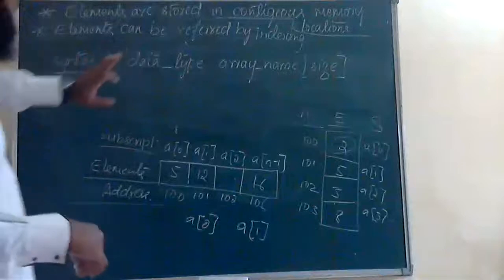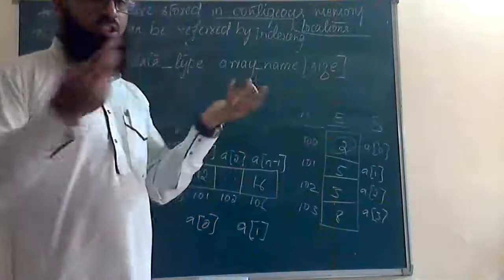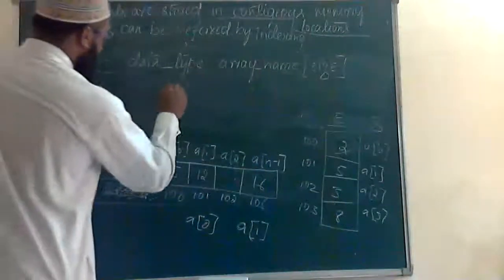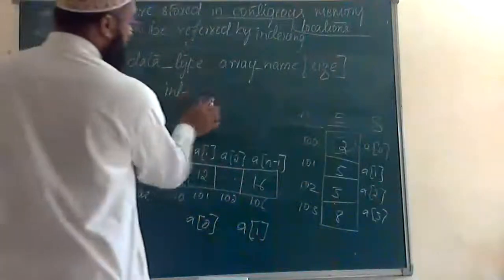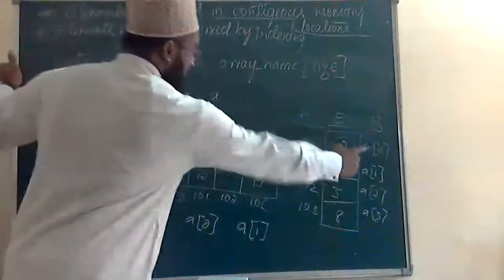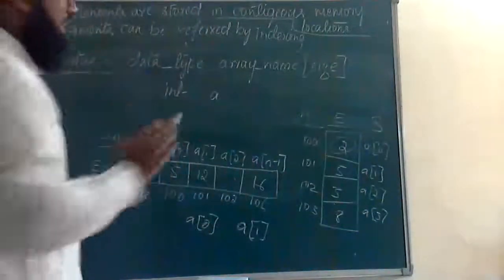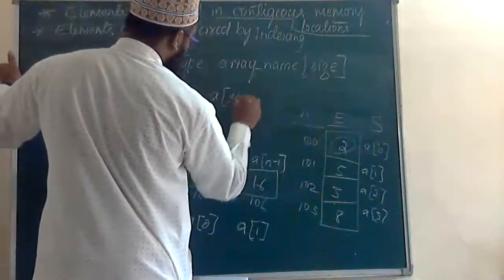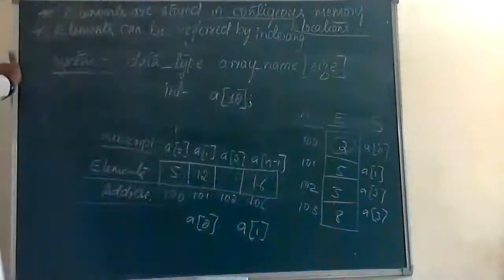This is the syntax. What are the data types? It may be integer, character, or string, anything. So we will take the data type as integer. Then leave a space. The array name is a here, as in the indexes. Then the size: give as you require. Any size you want, you can give, and close it with a semicolon.